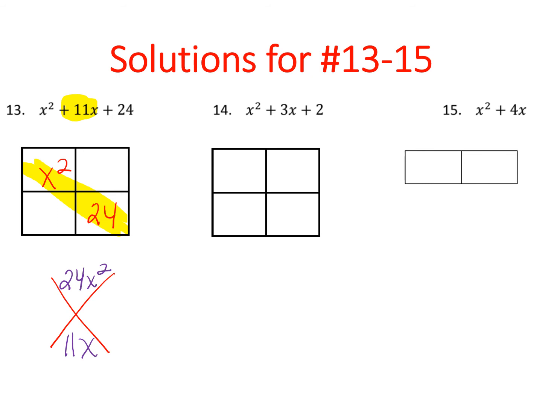So let's start by listing the factors of 24. 1 and 24, 2 and 12, 3 and 8. And I could write some more, but I think I just realized that 3 plus 8 will give me 11.